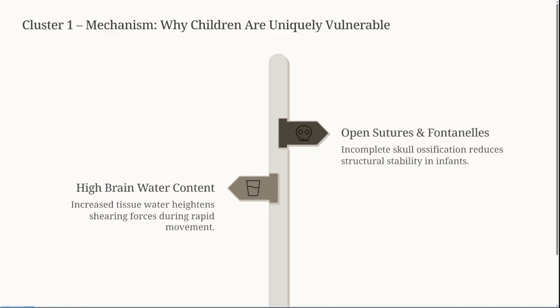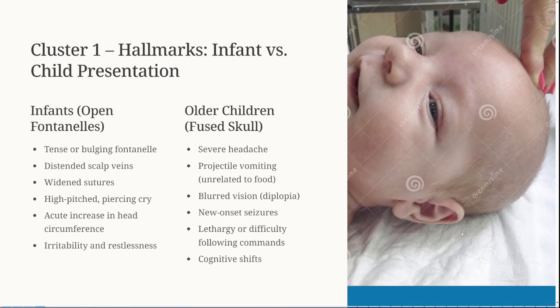So that structural vulnerability means that recognizing increased ICP is like a moment-to-moment critical skill. It is. And the manifestations, as you said, are profoundly different in infants versus older children. Absolutely. In infants, so we're talking children with open fontanelles, the clinical picture is unique. The skull can still expand slightly, which might mask the pressure for a short time, but it leads to very specific visual cues. Okay, so what are we looking for at the bedside?